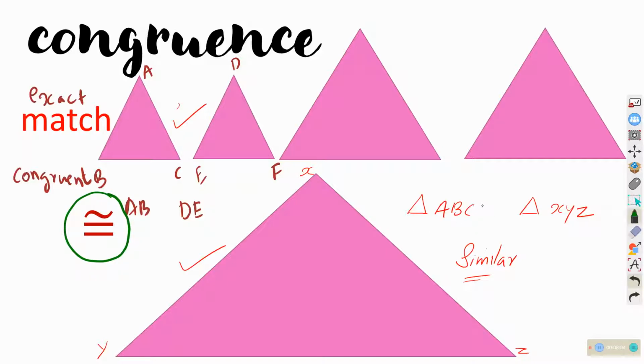If I write triangle ABC and put the symbol here, this is read as congruent. So triangle ABC is congruent to triangle XYZ is written like this. Here these two triangles are congruent.